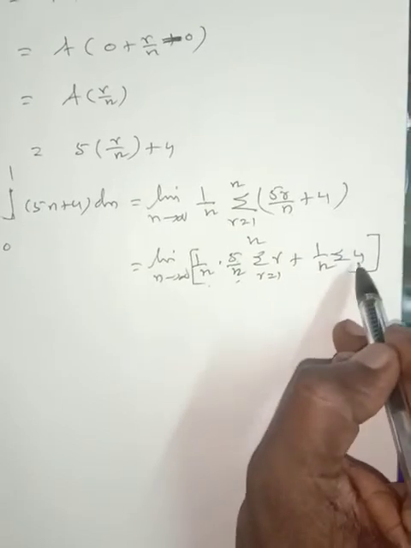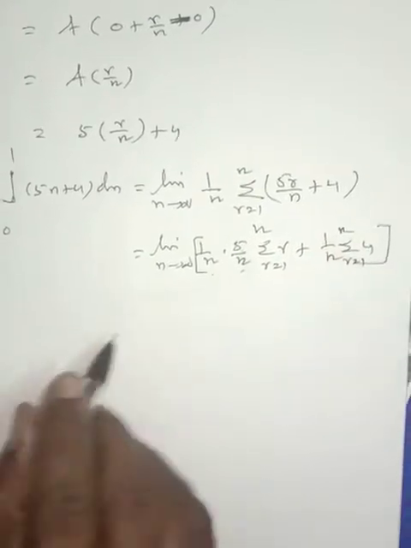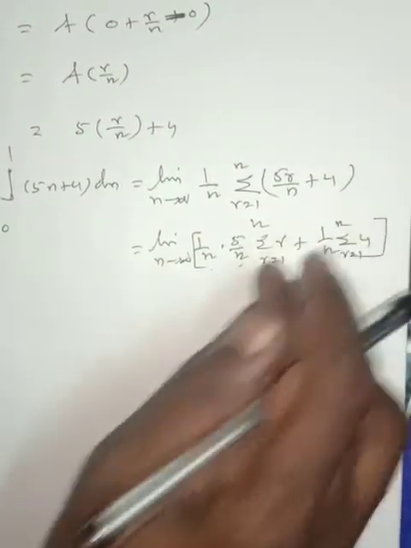So the sum of 4, r varying from 1 to n, is 4 times n, therefore 4 by n.